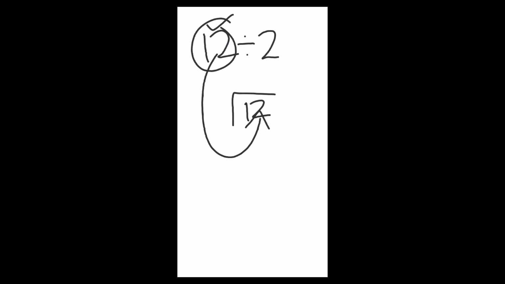So what is the number left? 2. Exactly. So where should we write number 2? If the 12 is inside the box, this 2 will be written outside. We're going to write 2 outside the box. Did you understand now? Yes.